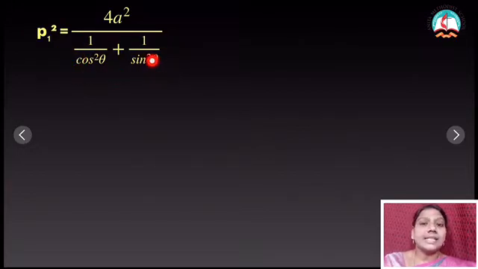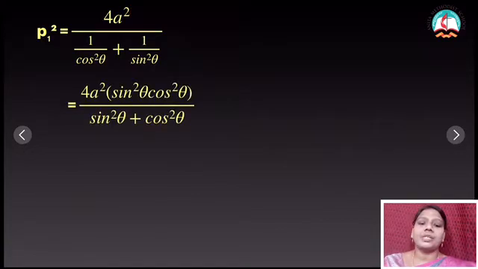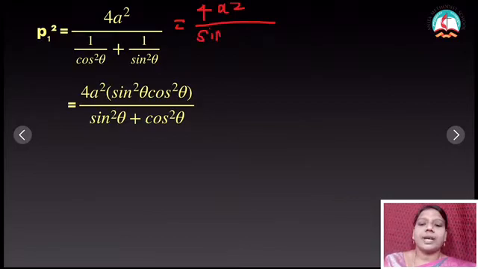That is the denominator's denominator, therefore I take that up. Then I get 4a square into sine square theta cos square theta divided by sine square theta plus cos square theta.